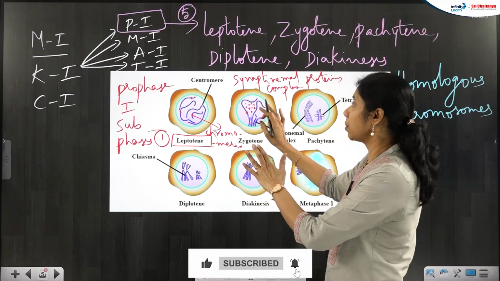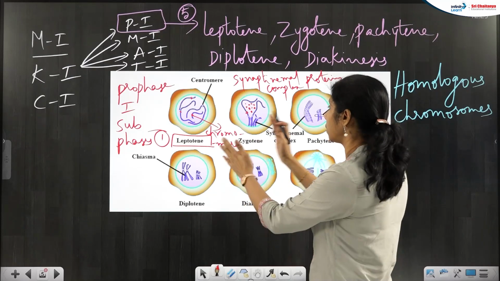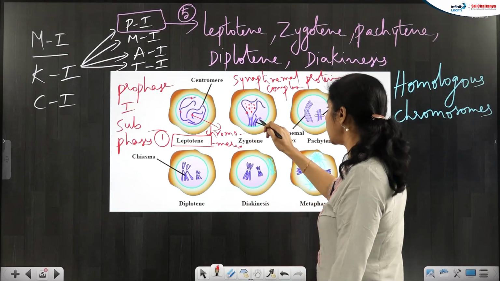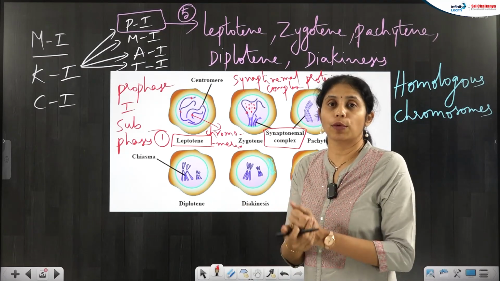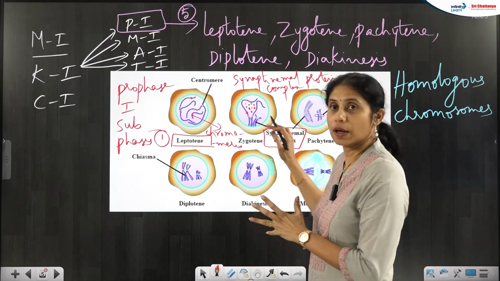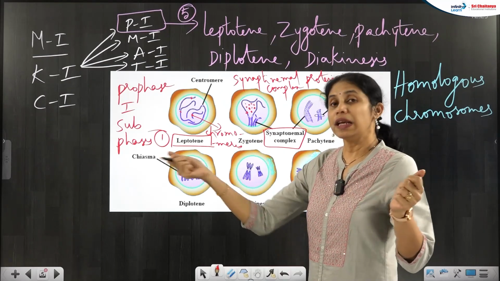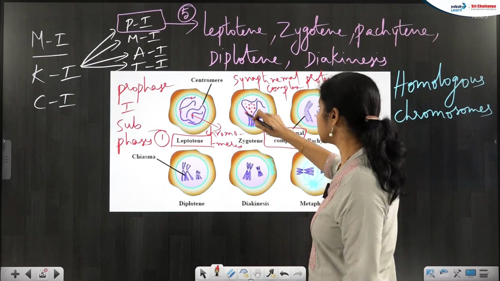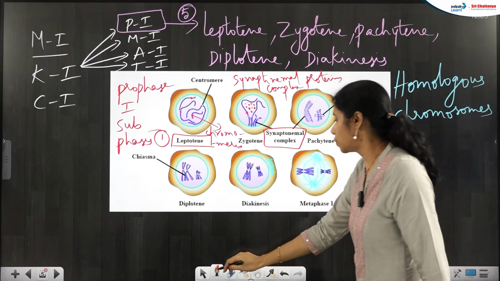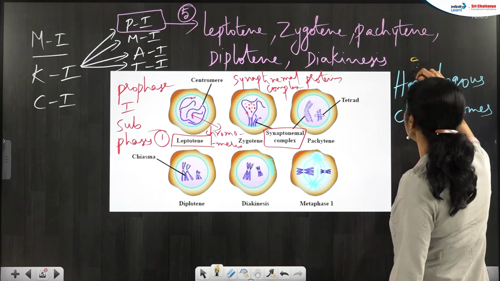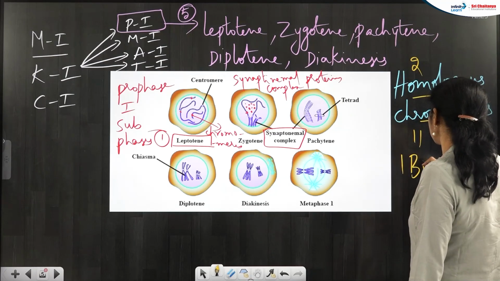Because of these synaptonemal complex proteins, the two chromosomes which were far apart in the leptotene will try to come towards each other. That is the synaptonemal complex. So the attractive force between the homologous chromosomes is due to the synaptonemal complex. Once it brings them together, the resultant structure, with two homologous chromosomes together, is called one bivalent.